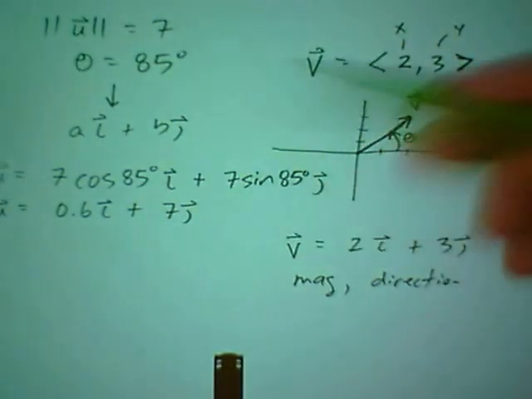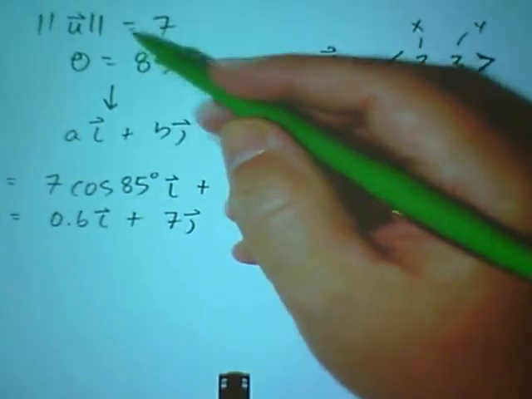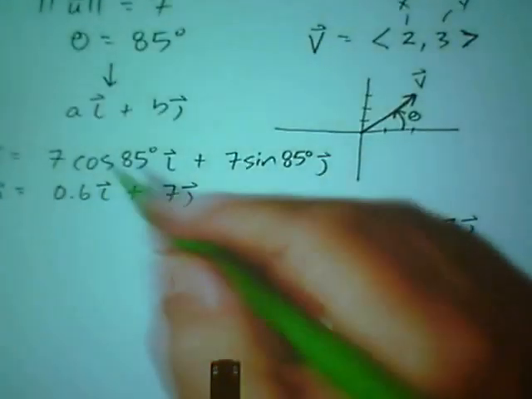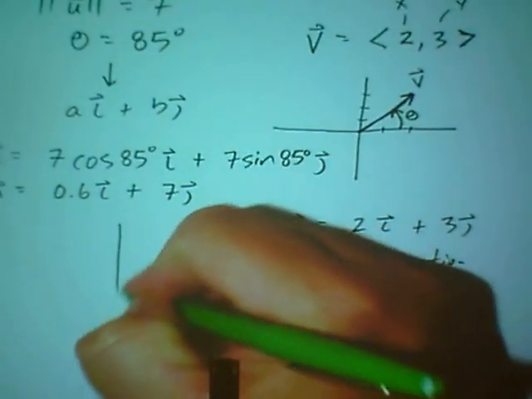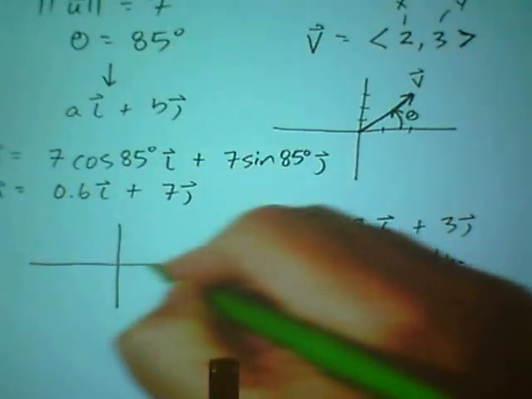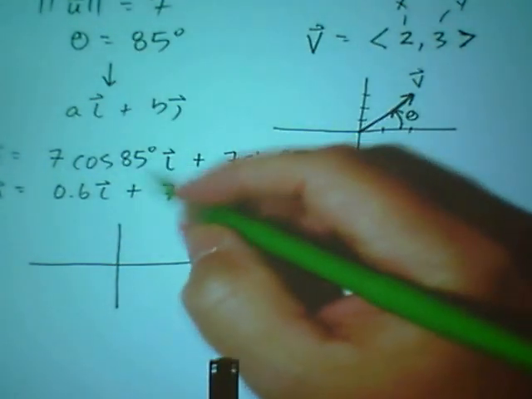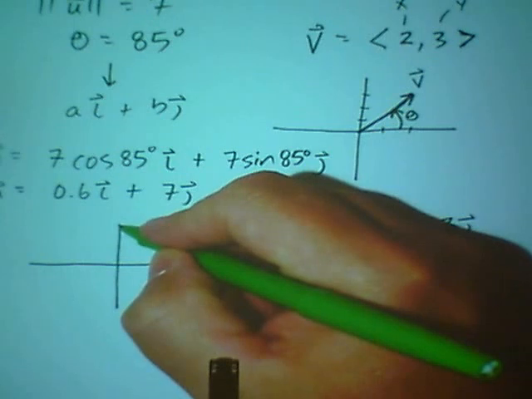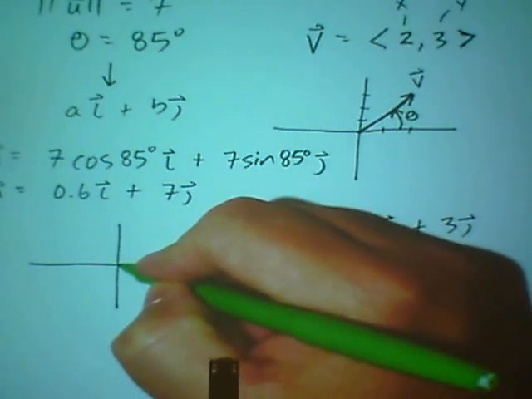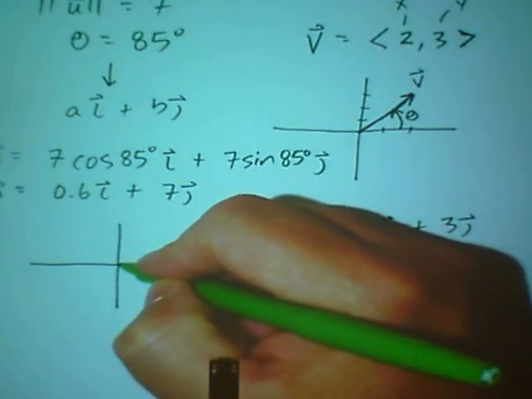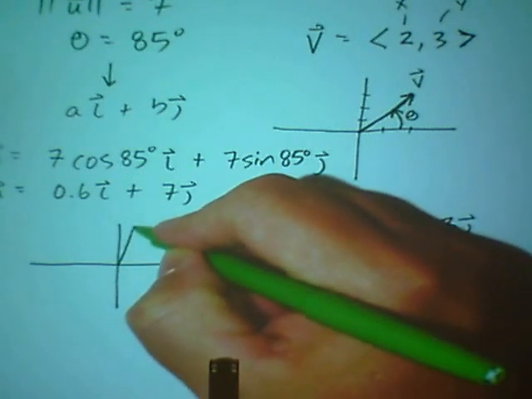Now let's see if that makes sense. I always encourage you to sometimes plot these vectors. If I try and draw the original vector, 85 degrees: 90 degrees is straight up, so 85 is maybe right about here.